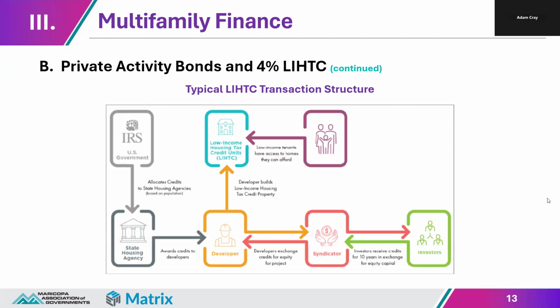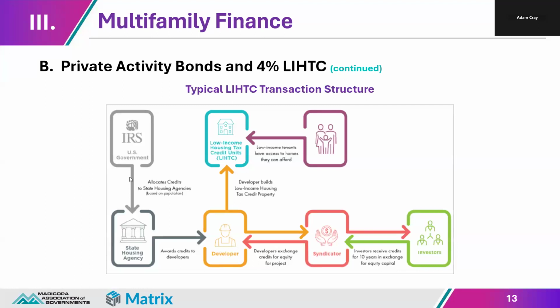Just a little bit of a schematic here on 4% LIHTC, and frankly, this also applies to 9% LIHTC structures as well. So this is a great visualization of how this typically works. Here you've got the federal government allocating credits, like I said, every year. On the private activity bond side, it's $900 million for PAB volume cap.